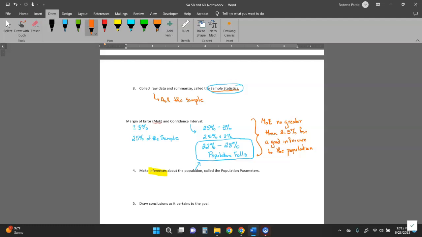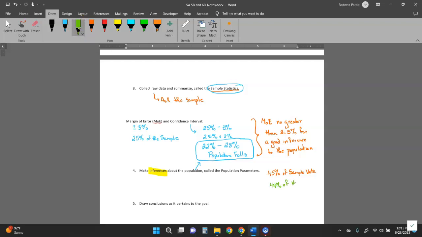So let's suppose we had one candidate that had 45% of the sample vote, and we had another candidate that was maybe at 49% of the vote.